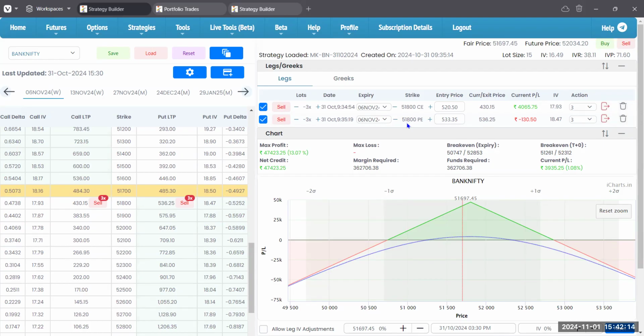Suppose there is a strong long unwinding or short covering which happened, which is abnormal, let's say more than 5%, 10%, or something very abnormal. It used to give us that indication. So we could check that in the stock, in the spot price and the chart, and then initiate a trade. At the moment, we don't have anything like that.